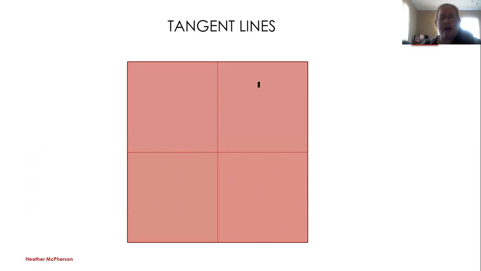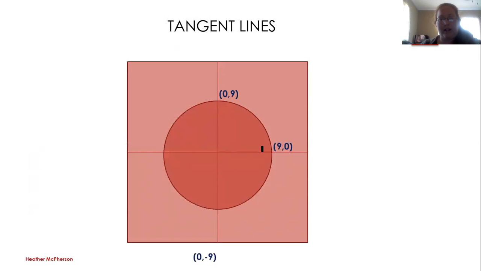So within this square, I'm going to draw my circle. And I know that from the middle of the circle to the outside of the circle, that radius is 9. So my points are going to be 0, 9, because of the radius, 9, 0 on the x-axis, 0, negative 9, and negative 9, 0. So those are all my points for my circle.